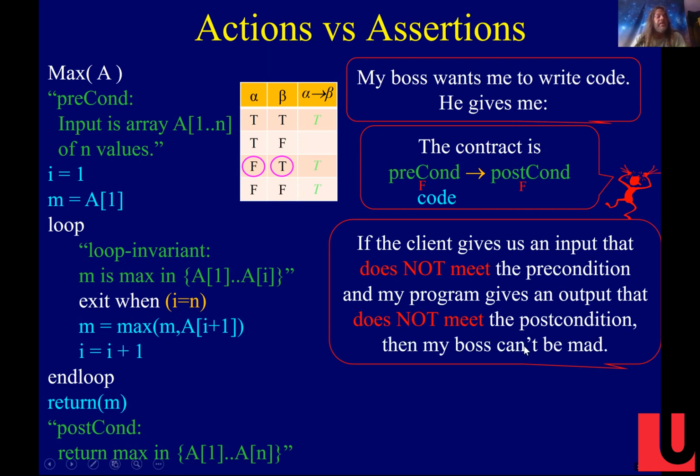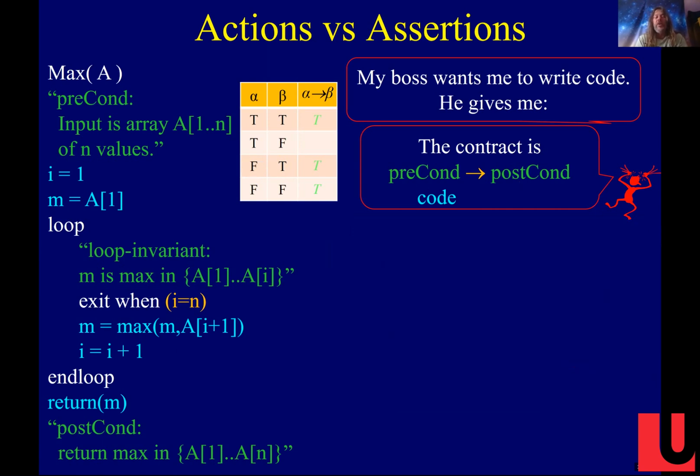They might not be pleased, but they can't be mad at you because the contract was only that you get the postcondition met if the precondition is true. So for example, if the inputs are supposed to be numbers and the client gives you a bunch of elephants, then you can't expect it to work. All right, so the code still meets the contract.